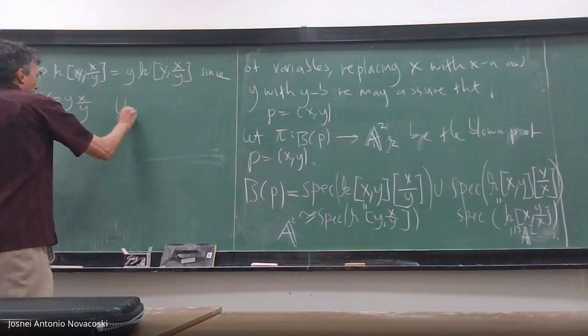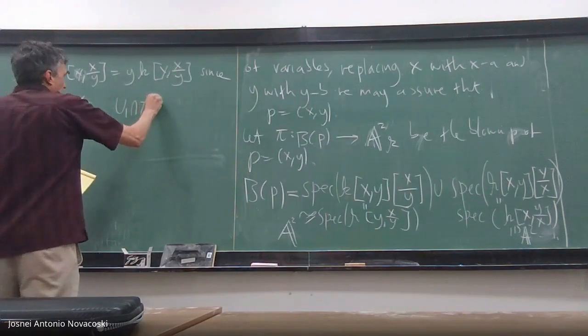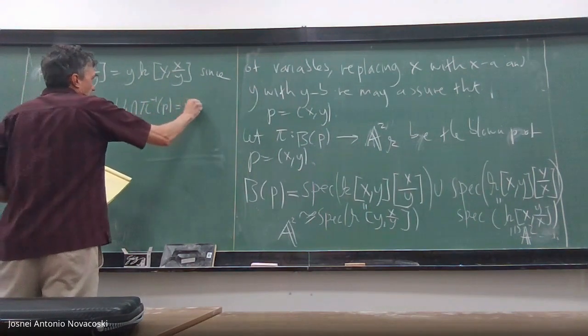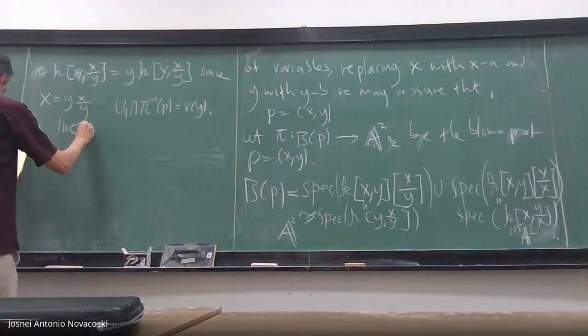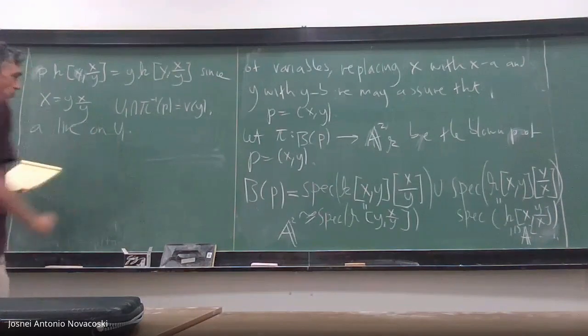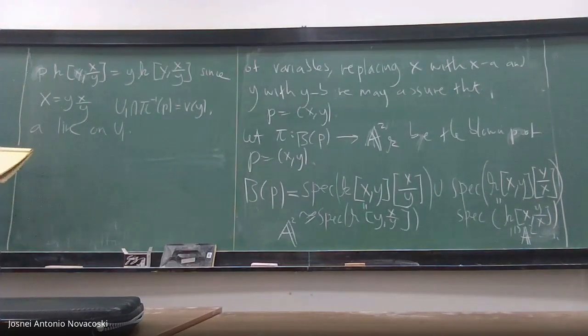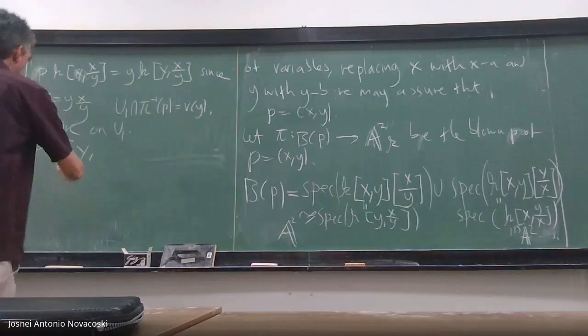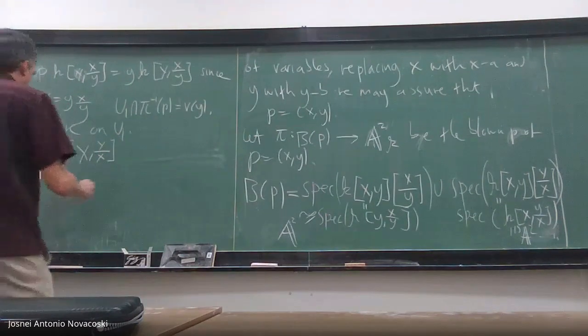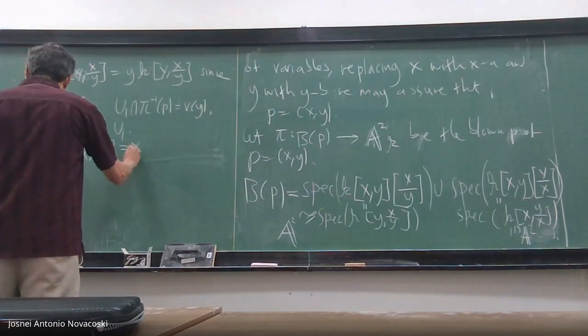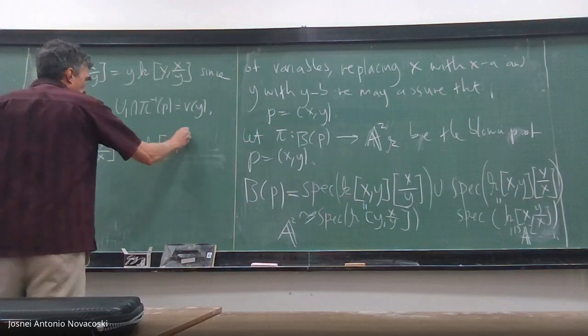So this tells me that U1 intersection pi inverse P is equal to V(Y), which is actually a line on U1, which is isomorphic to A^1. And then we see that P times K[X, Y/X] is equal to X, by the same type of argument.